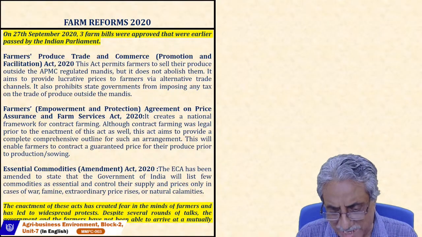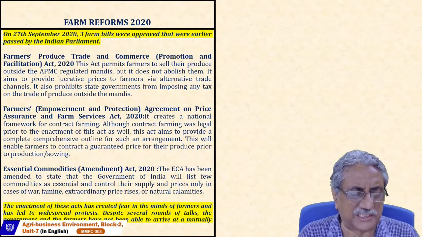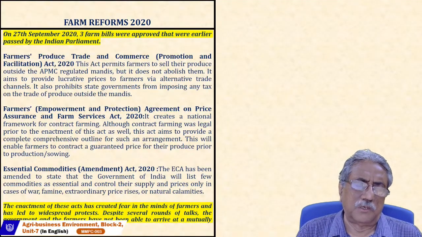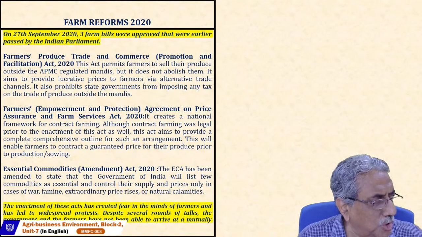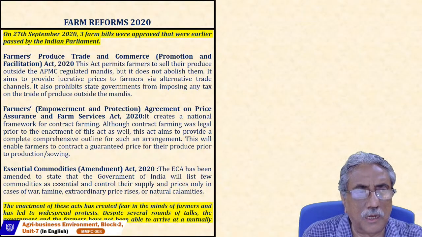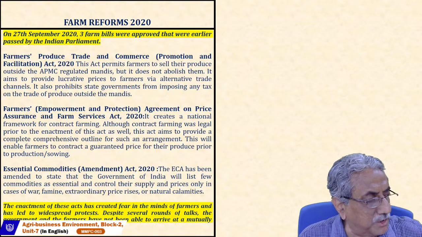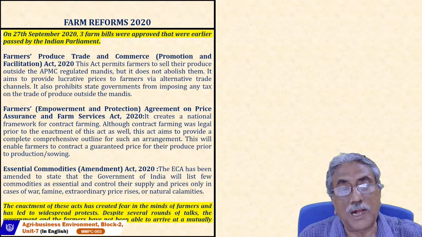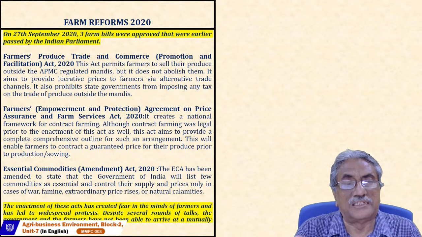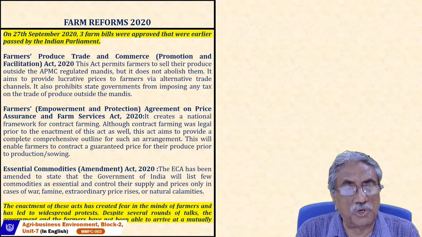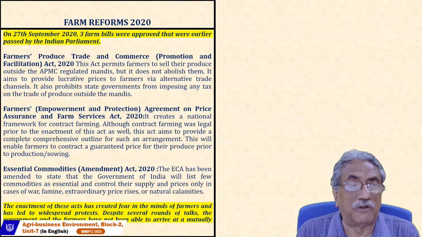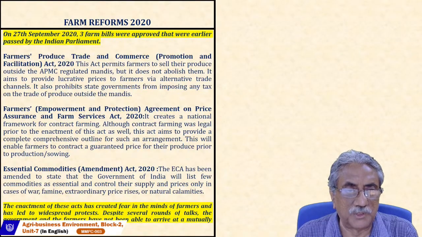That means, suppose I am Pepsi, Lay's. I make Lay's chips. So I can enter into an agreement with those potato producers. I can give them seed and I can fix a price that at this price I will buy it from you, because that particular potato will go for manufacturing potato chips.